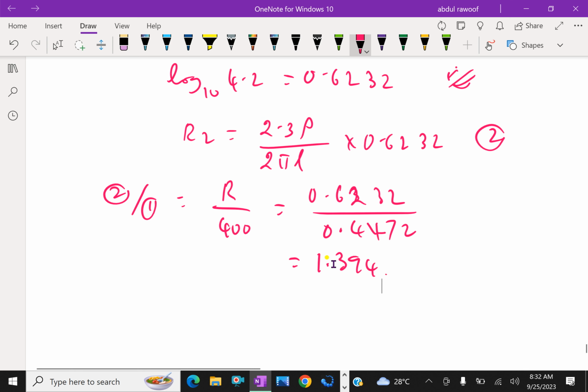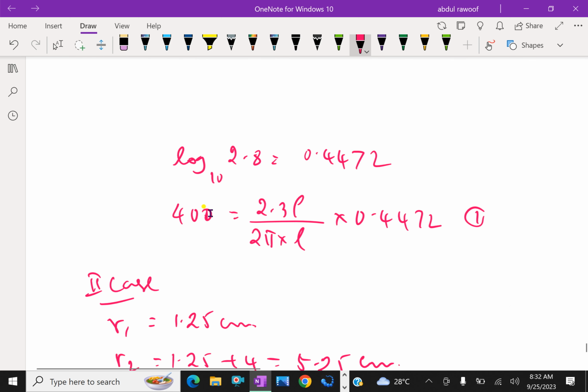From this, the relation R over 400 equals 1.394. Therefore, R equals 1.394 into 400, which gives 557.6 mega ohm.